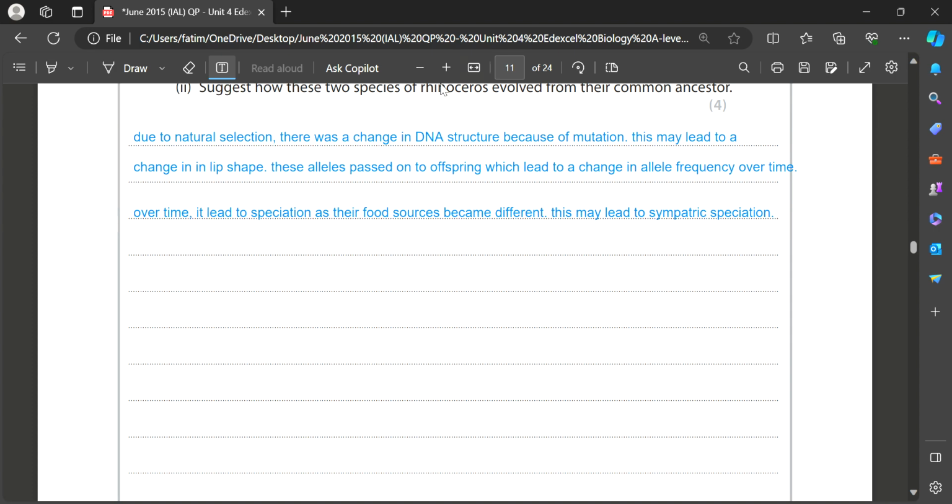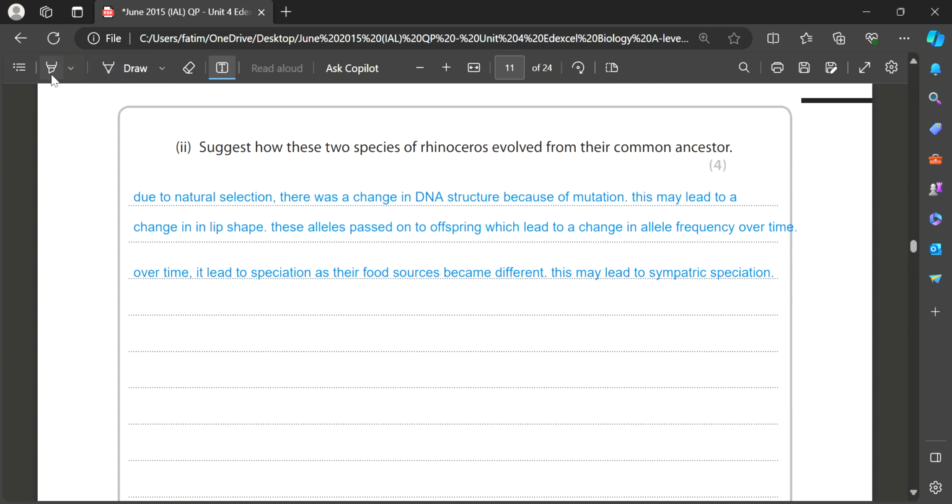Over here the main points which are going to give you marks is mentioning natural selection. You can also mention selection pressure, but over here they didn't really talk about it, so we don't really know what selection pressure was there. So it's easier to assume that it was natural selection.